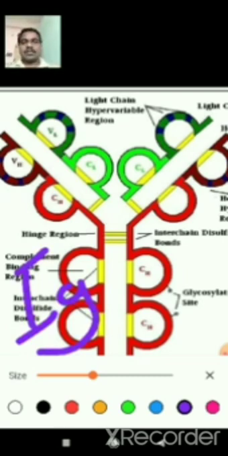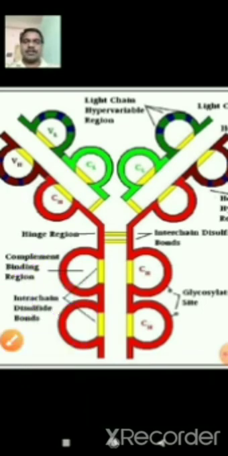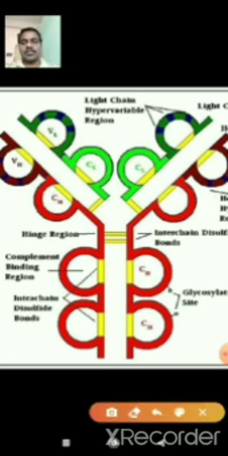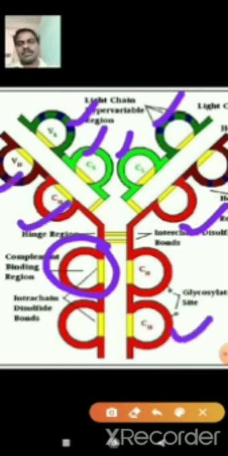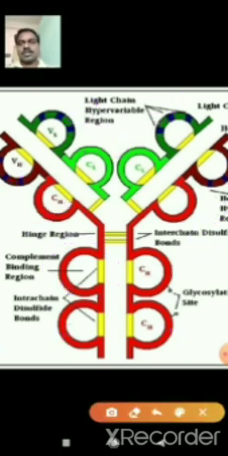In the light chain and the heavy chain, you observe that domains are present: the half-round, half-moon-like structures. These domains are present in the light chain and heavy chain. It is a very important structure in antibodies.